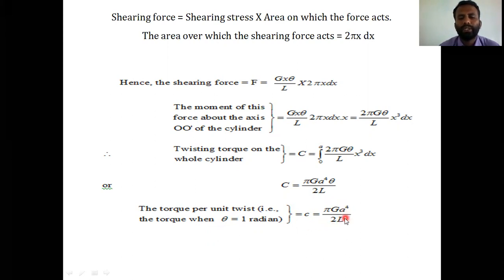How do we get this form? We substitute theta equal to 1 here, and then we get C equals pi G a to the power 4 divided by 2L.